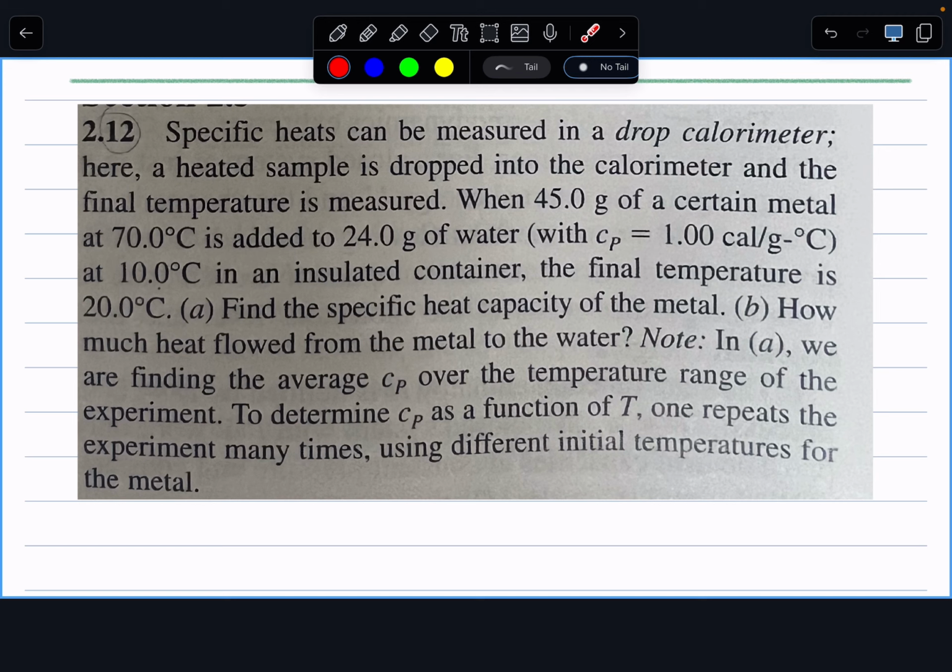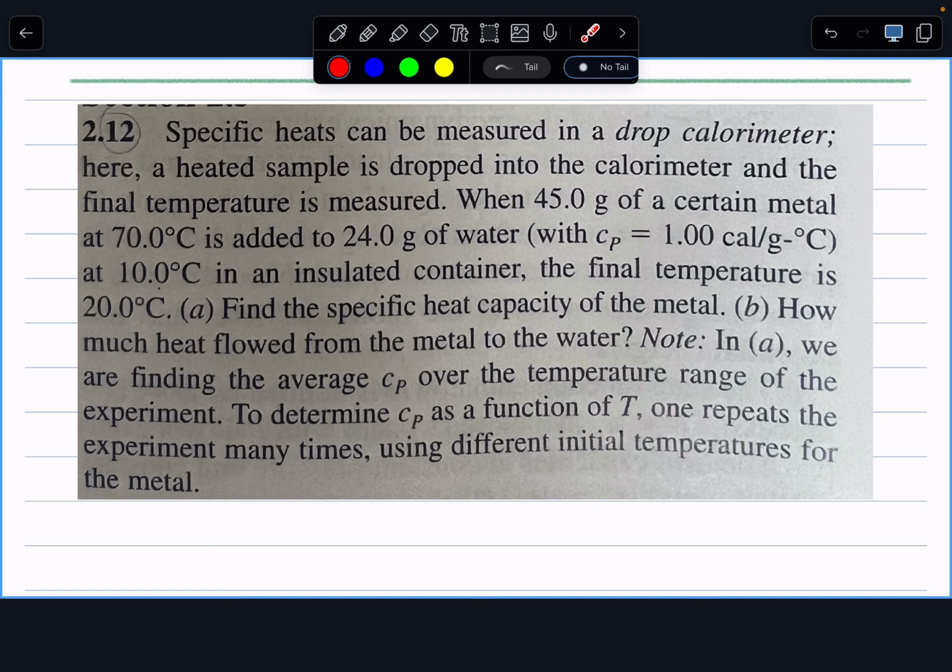And then this just becomes plugging in numbers. The mass of the metal is 45 grams times the heat capacity of the metal times the temperature, 70 degrees Celsius minus 20 degrees Celsius, equals the mass of the water, 24 grams, times the heat capacity, 1 calorie per gram per degree Celsius, times 20 degrees Celsius minus 10 degrees Celsius.